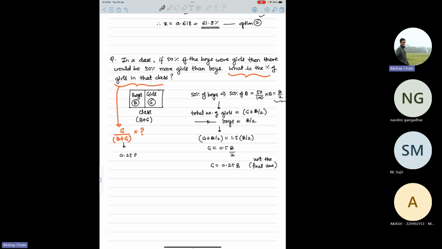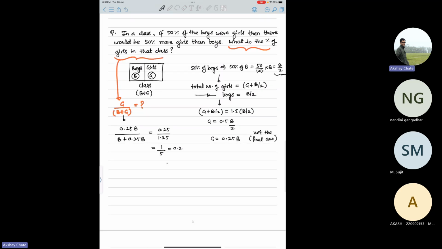So that basically means 0.25B over B plus 0.25B. B gets cancelled from numerator and denominator, so you just have 0.25 by 1.25, and it is nothing but 1 by 5, or 0.2. So in percentage terms it is 20%, and that's the answer. So this is your answer.